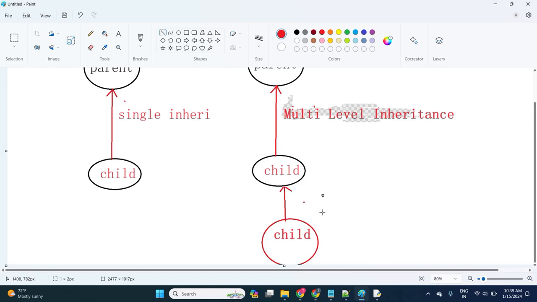This one we can call a multi-level inheritance. Child to child, and from there child to parent. This one we can call a multi-level inheritance. Clear?